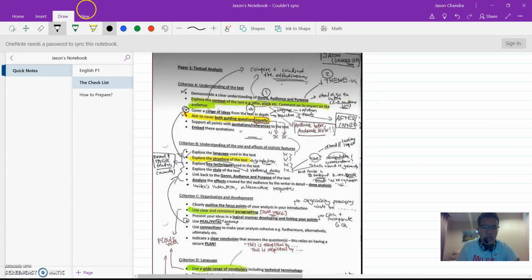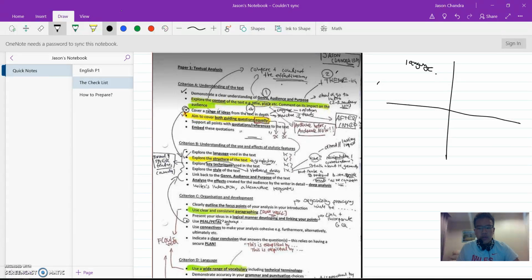And I figured that in order to incorporate both guiding questions and try to vary my response to impress the examiner, I split my page into 4 different parts. One of them would be language, one of them would be structure, another one would be key techniques, the other one would be style. Style can be both formal and stylistic features.